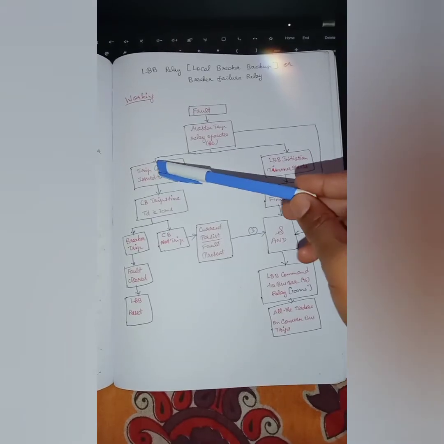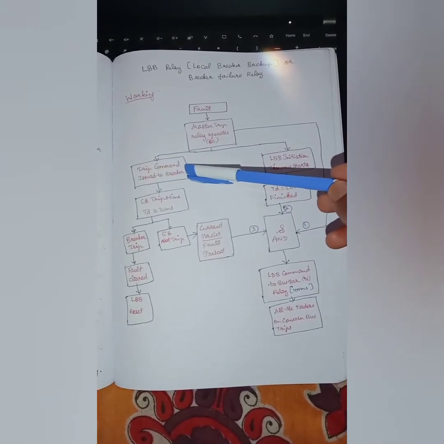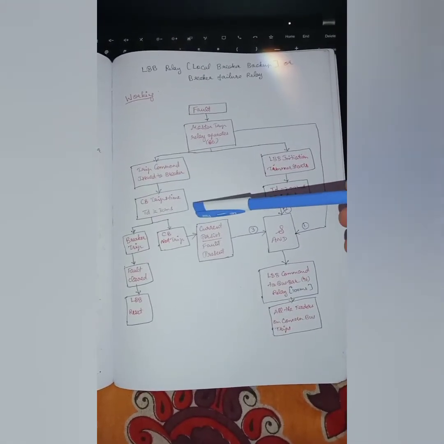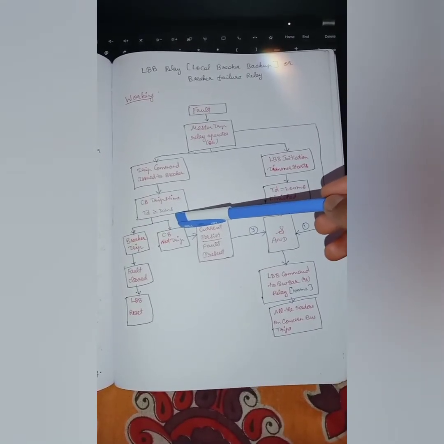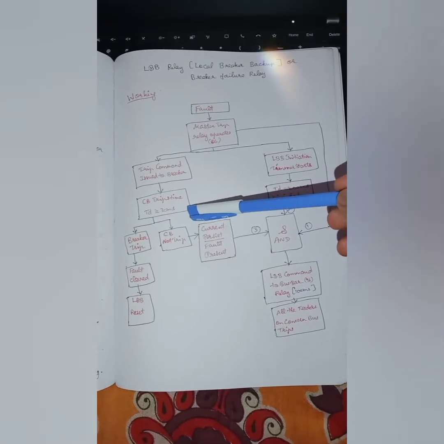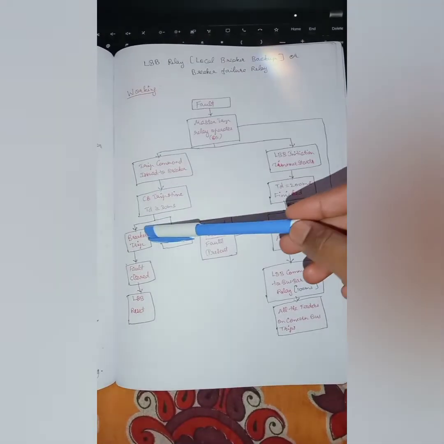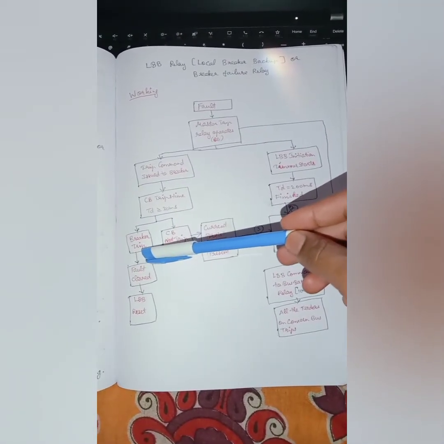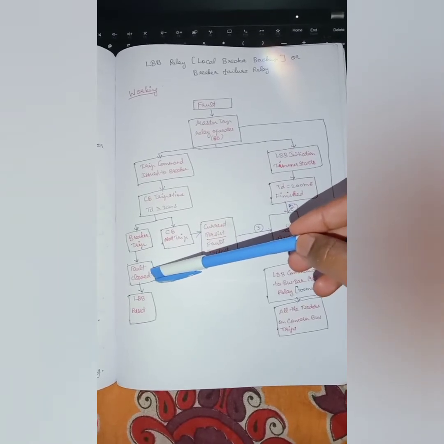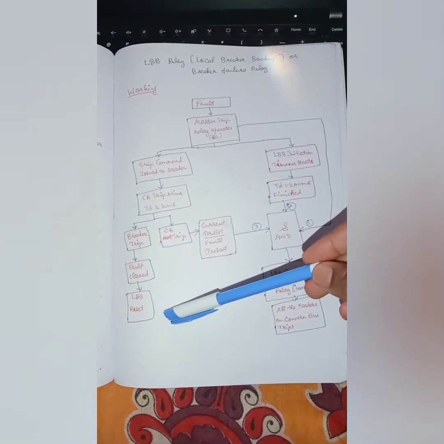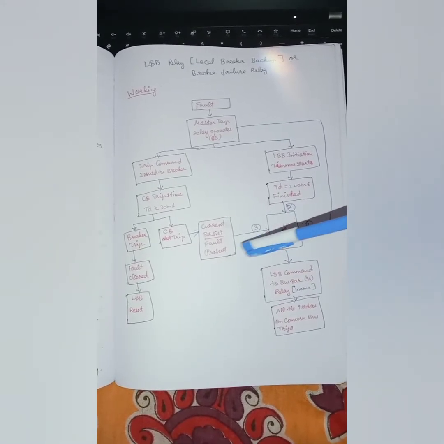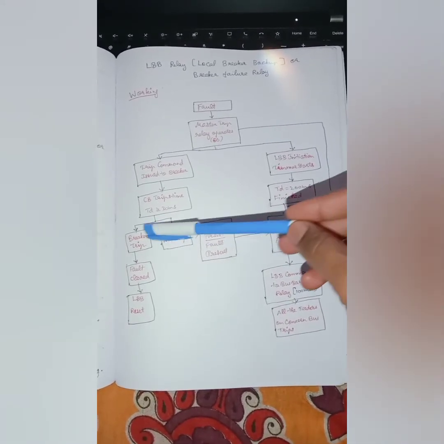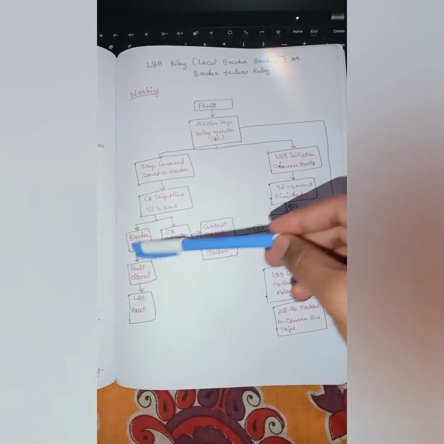In one condition, the trip command is issued to your breaker and your breaker trips within 30 milliseconds. If the breaker is tripped, the fault gets cleared and the LBB resets, because the third condition will not be satisfied.